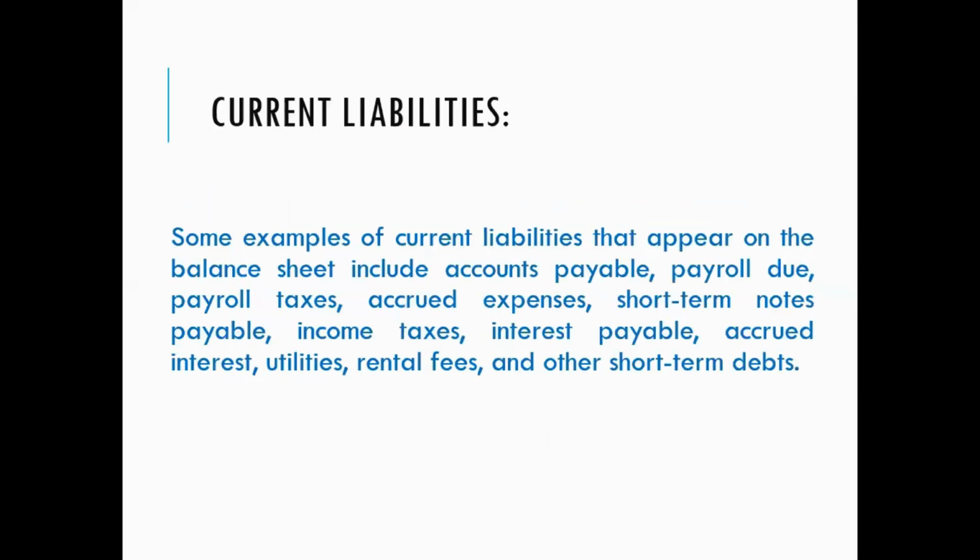Current liabilities: some examples of current liabilities that appear in the balance sheet include accounts payable, payroll dues, payroll taxes, accrued expenses, short-term notes payable, income taxes, interest payable, accrued interest, utilities, rental fees, and other short-term debts.